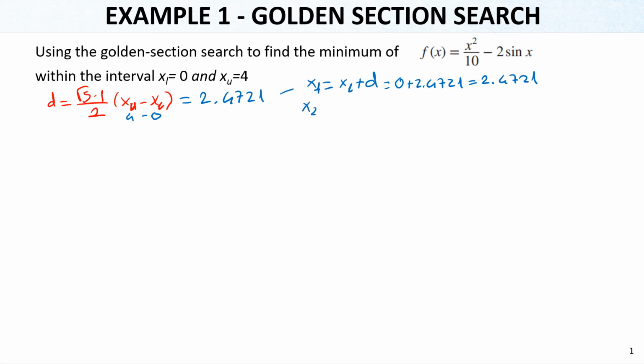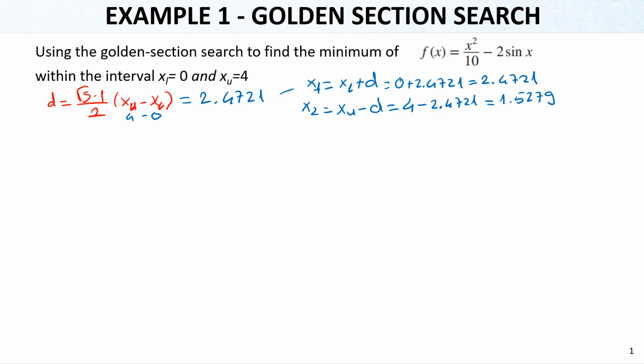Also x2 is found by xu minus d. This is the formulation. It is 4 minus 2.4721, which gives us 1.5279. Then we will calculate the function values of these.